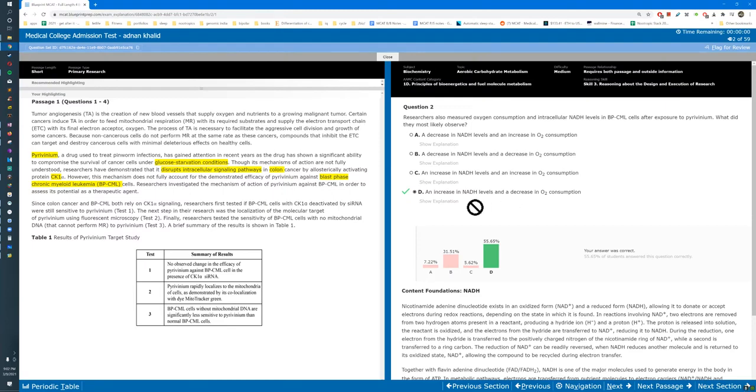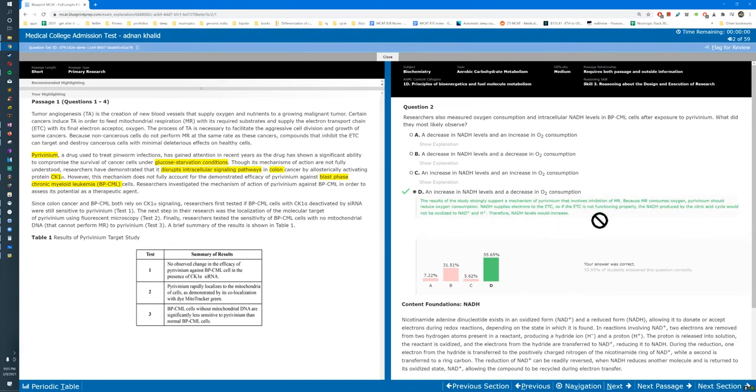And NADH works to oxidize things. This is a reduced form of NAD+. And oxidizing things is along the catabolic pathway, which happens when you're involved in cellular respiration. So you're going to have less O2 being consumed because it breaks that entire thing up. And you're going to have an excess amount of NADH.